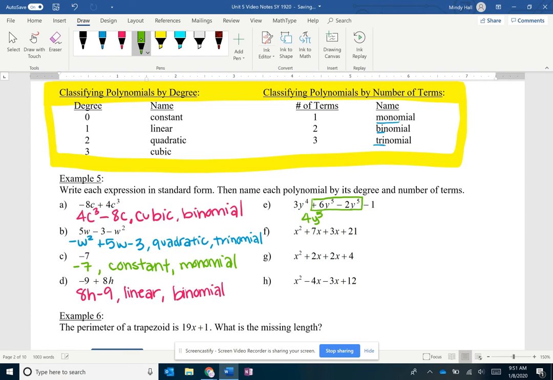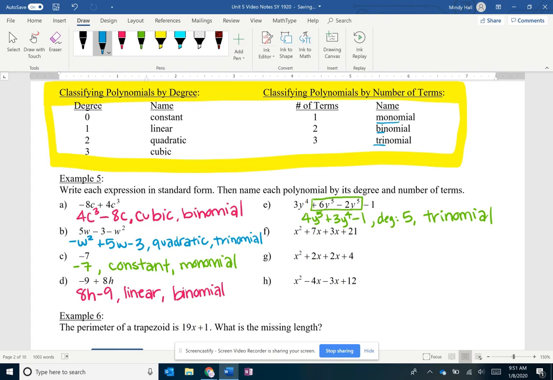Then we would keep that plus 3y to the 4th minus 1. And so then our degree is 5, and we actually don't have a name for it. So you can say degree is 5. And then its number of terms would be a 3, so that is a trinomial. Okay?